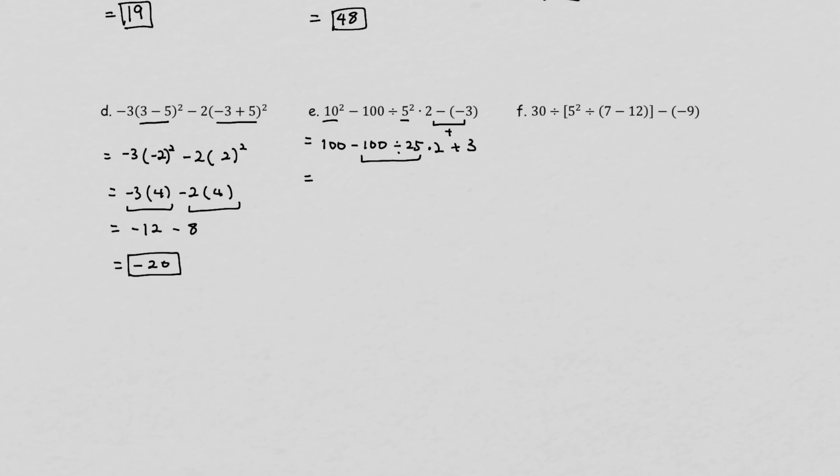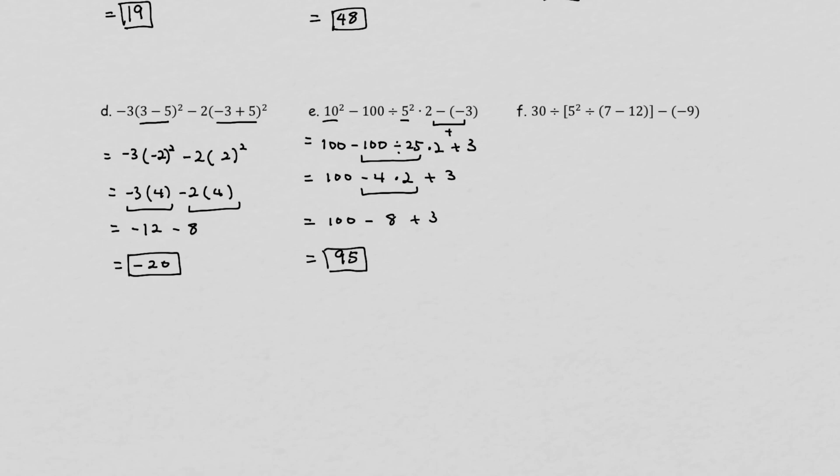Negative 100 divided by 25 will be negative 4. Times 2. Now I do multiplications. So it'll be 100 minus 4 times 2, 8 plus 3. And 100 minus 8 is 92 plus 3 is 95.